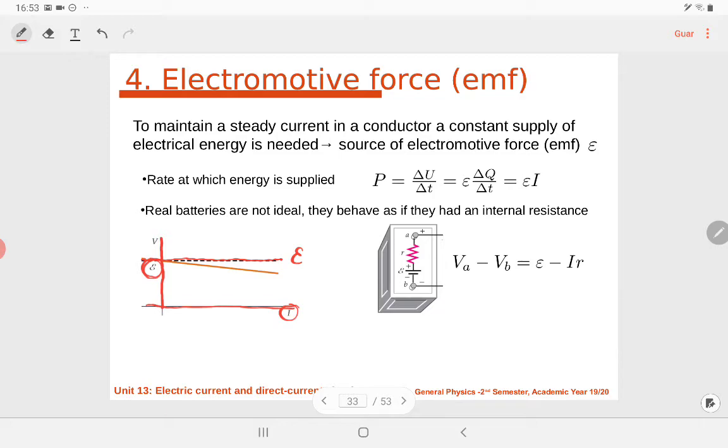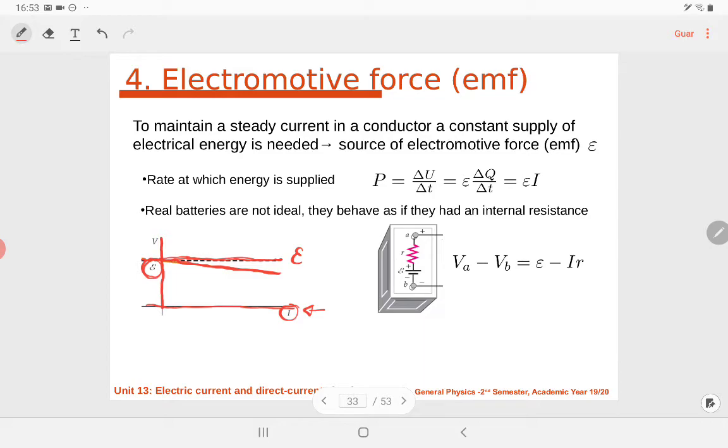However, real batteries usually don't show this type of line, but this one, in which we have a loss of difference of potential between the sides of the battery as we increase the amount of charge flowing through the battery.